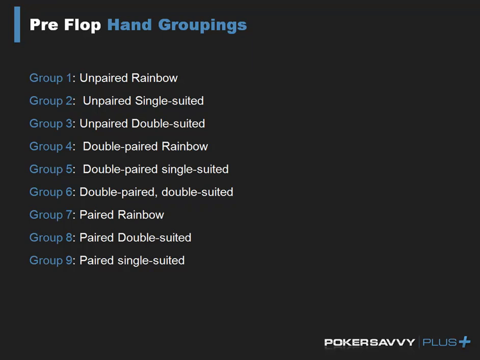But I'm going to talk through unpaired rainbow, unpaired single suited, and so forth down the line. These are just 9 big categories we can put all the different starting hands into, and make some general comments about the kind of hands that fall into them, when they're playable, and so forth.